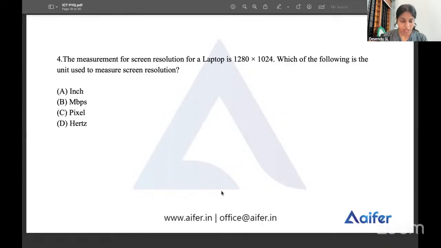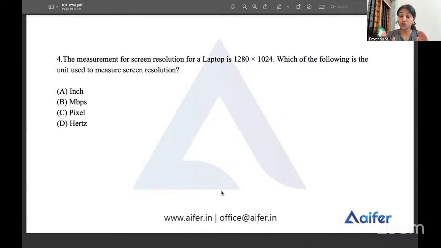The measurement for screen resolution for a laptop is 1280 into 1024. Which of the following units is used to measure screen resolution? It's not about the measurement itself, it just asks us to identify the unit used to measure screen resolution. Here we have inch, Mbps, pixel, and hertz.